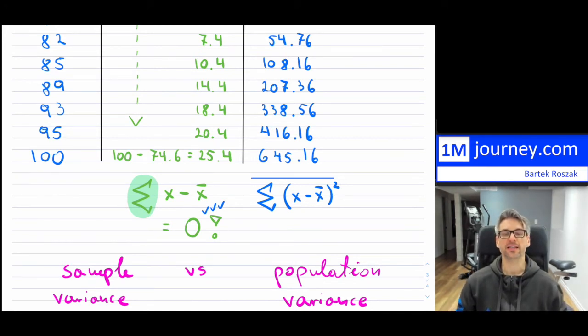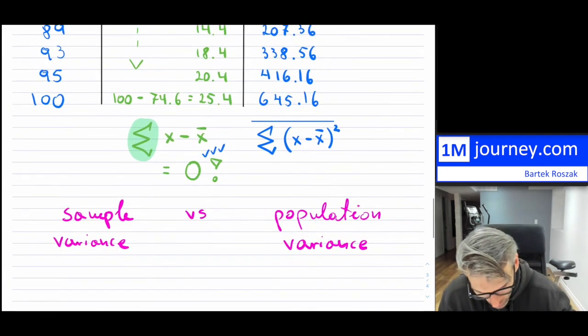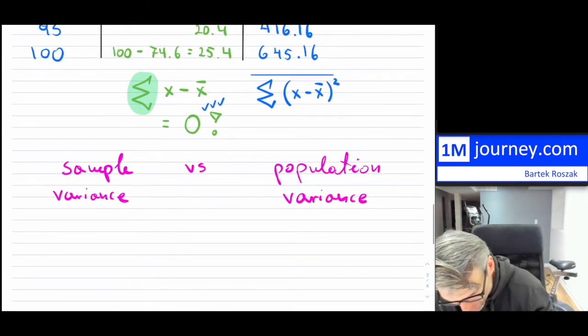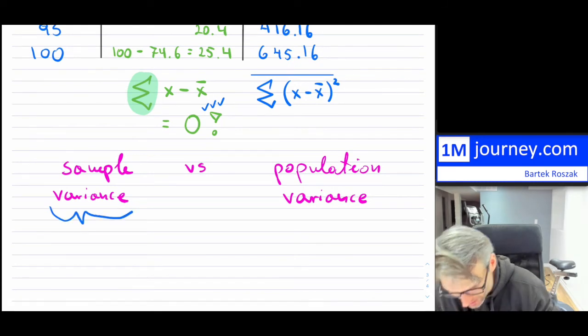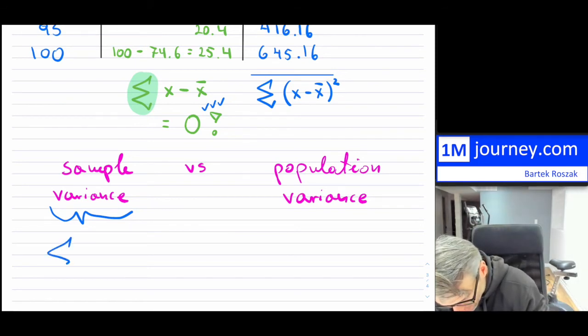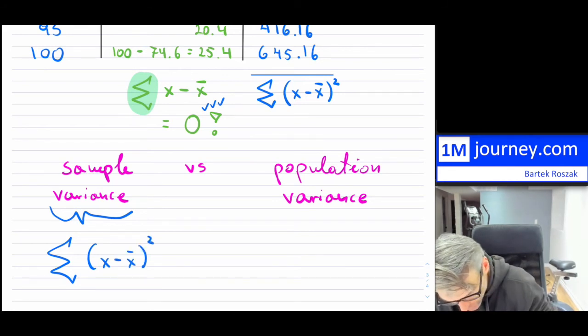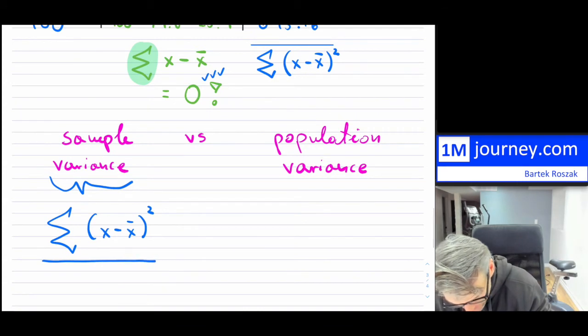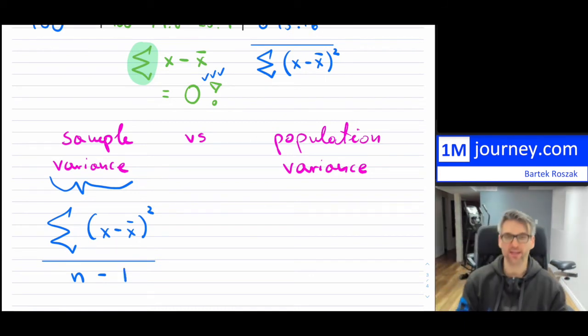And here is the key distinction. For sample variance, once we add all of these up, if you're dealing with a sample and not a population, then you divide this entire total by the number of samples that you have minus 1.